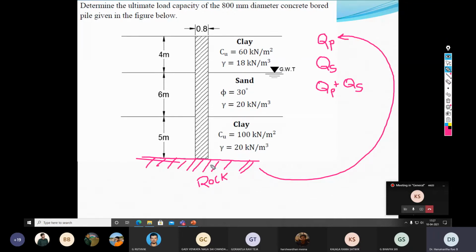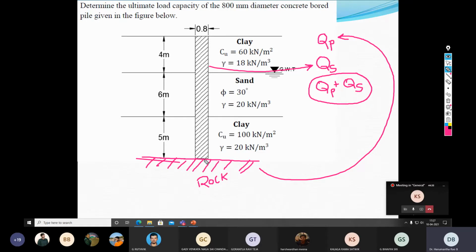So in absence of the hard strata, majority of the load will transfer by skin friction. In all remaining cases, it is the combination of end bearing plus skin friction. However, we do not know which one is more, either skin friction or point load. Only in two cases can we say that dominantly.